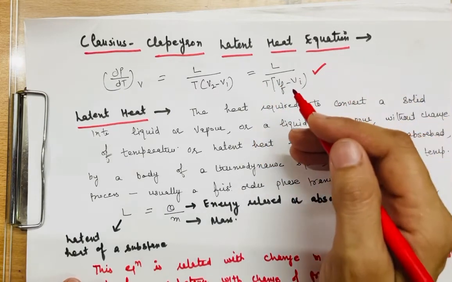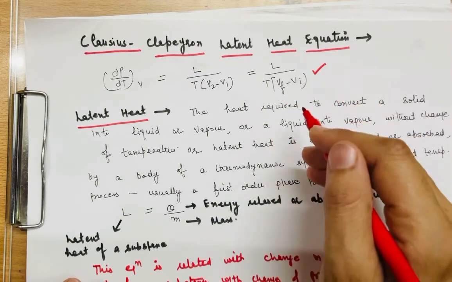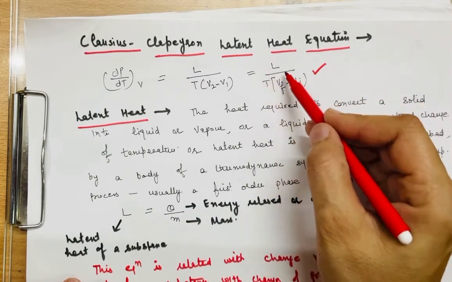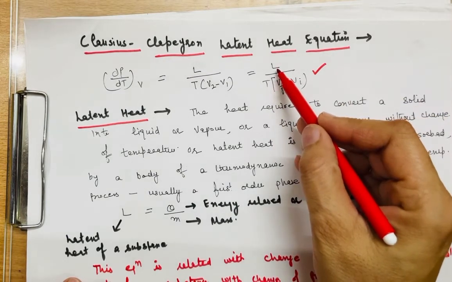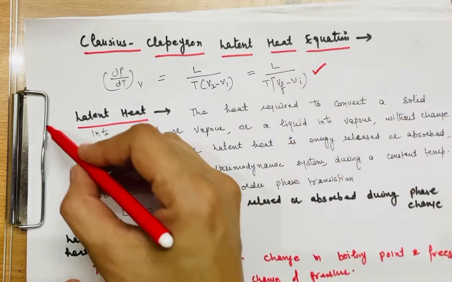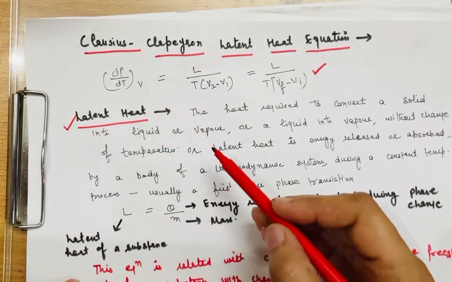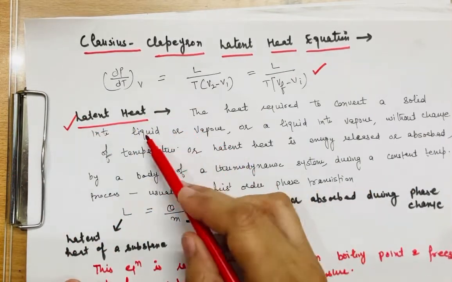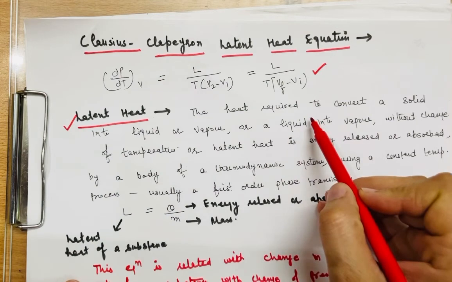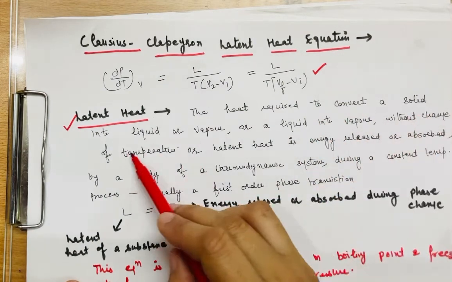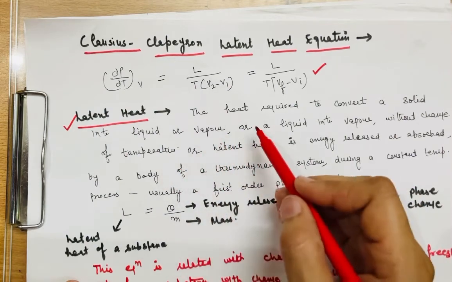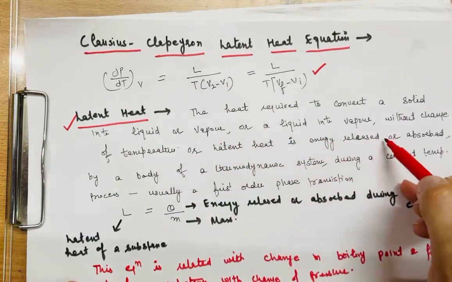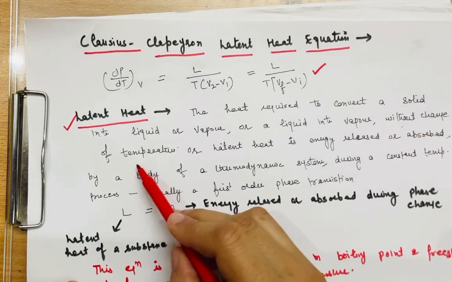That heat supplied per unit mass to change the phase of a substance is called latent heat. So we can define it as the heat required to convert a solid into liquid, or a liquid into vapor, without change of temperature.